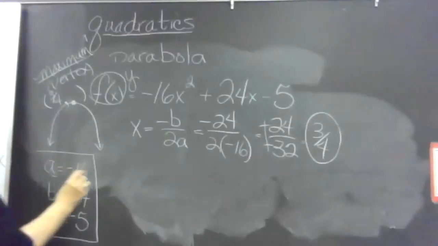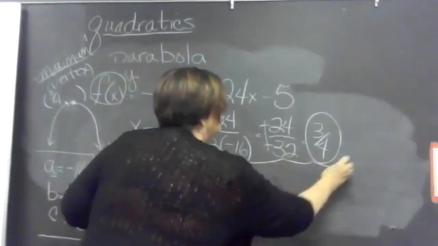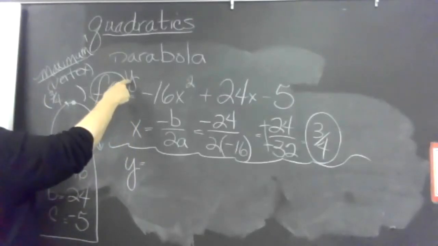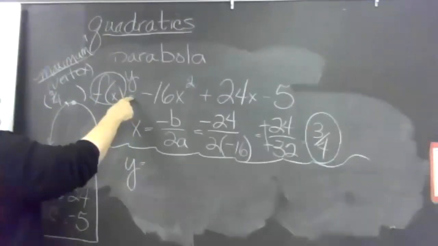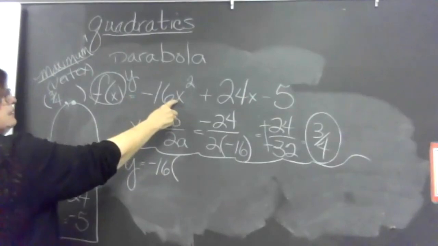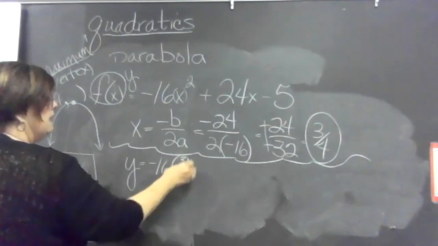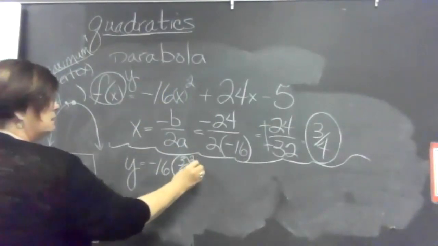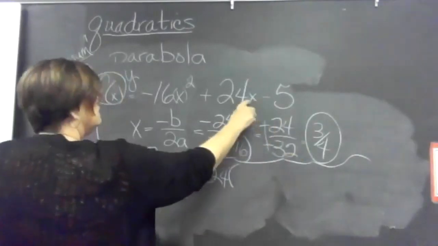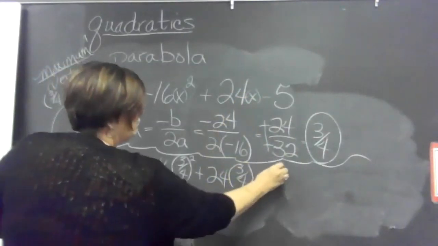And then we have to find our y. So y equals, okay, we found our x right there. I'm coming back to my original quadratic: y equals negative 16, but now I know what x is. I'm going to plug in 3/4 for my x, and it has to be squared, plus 24 times our x, again 3/4, minus 5.